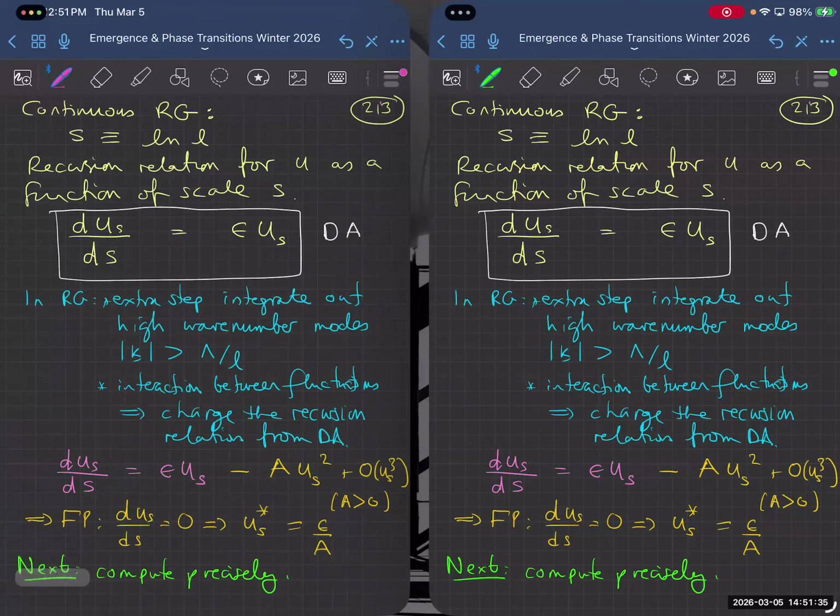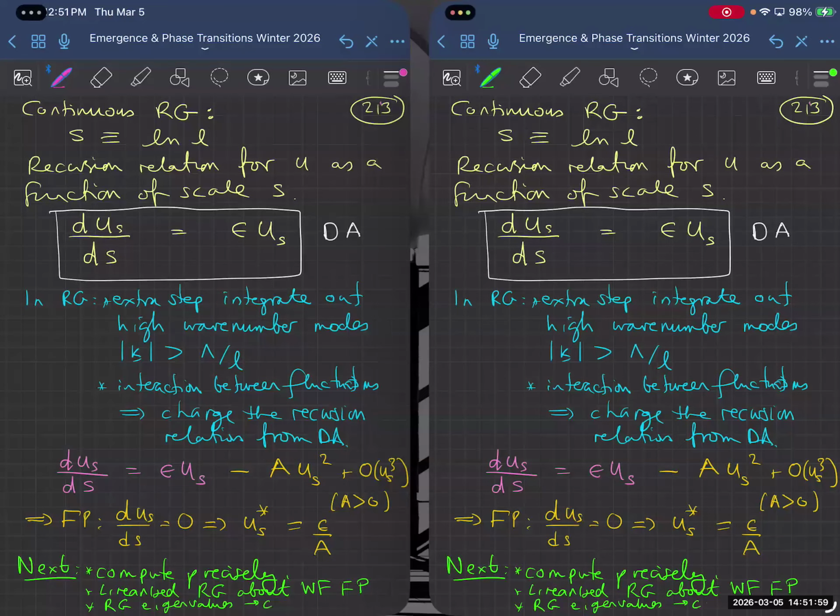And what we want to do then is the linearized RG about what I'm calling the Wilson-Fisher fixed point, and then get the RG eigenvalues and give the critical exponents, and all of those things are going to be done to order epsilon.